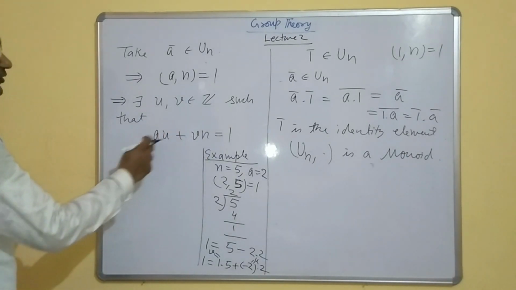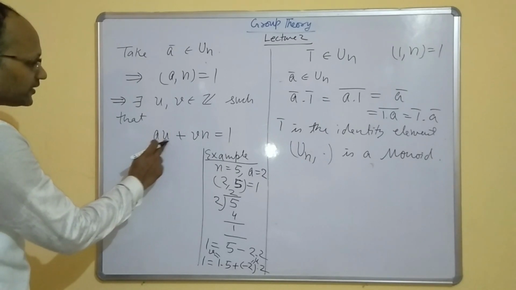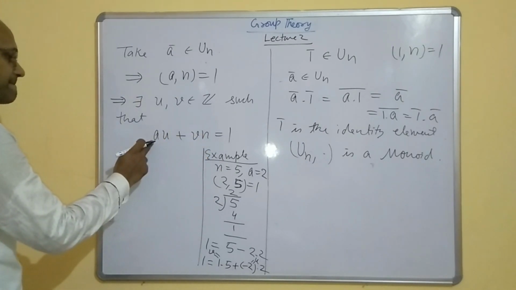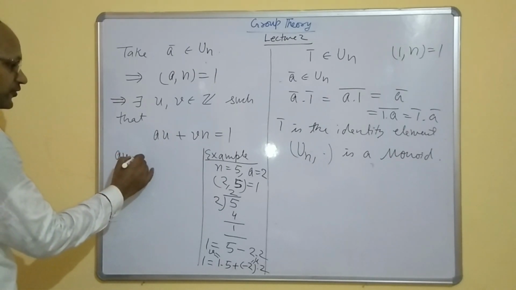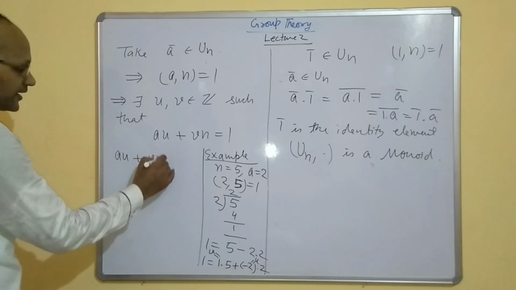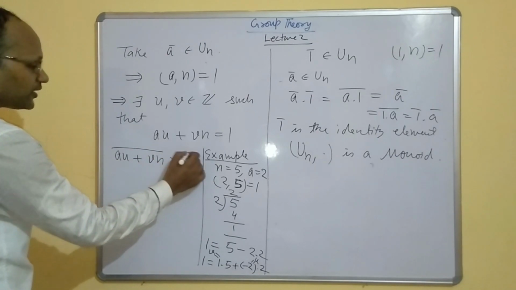Now what we can do is take bar on both sides, so we have au plus vn whole bar is equal to 1 bar.